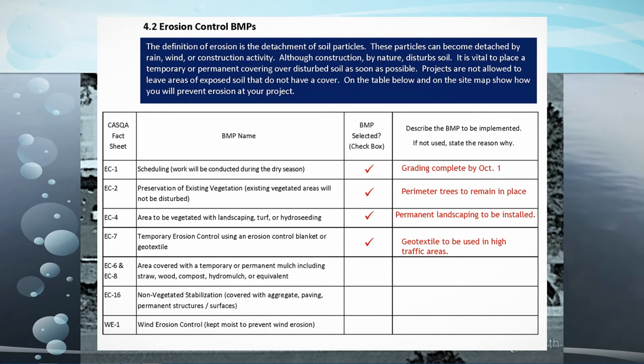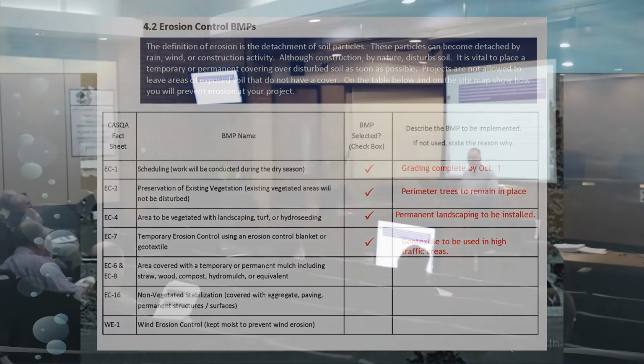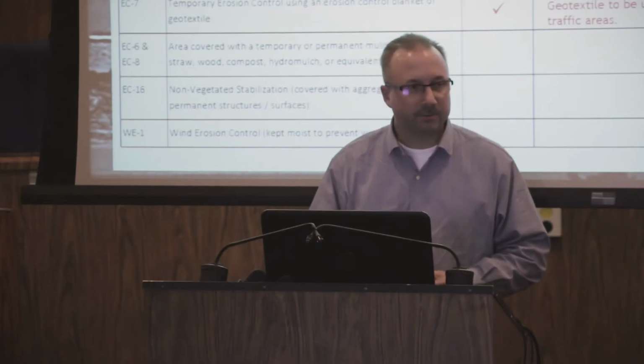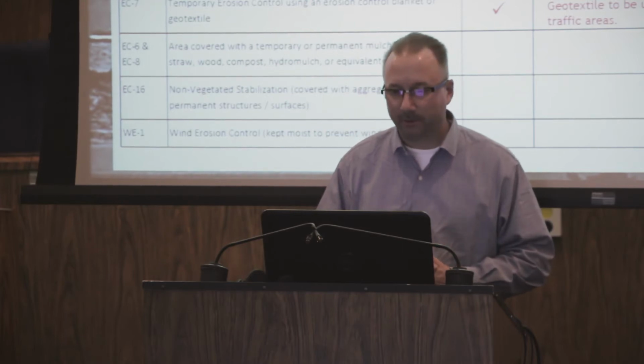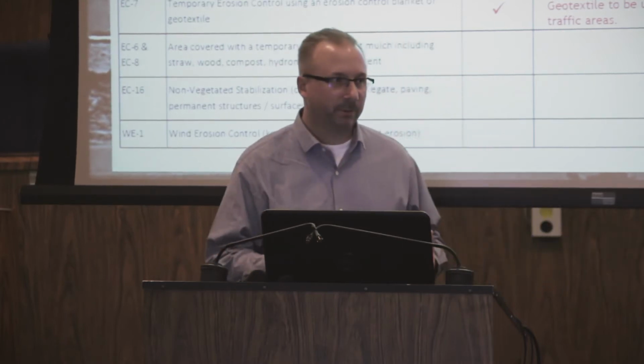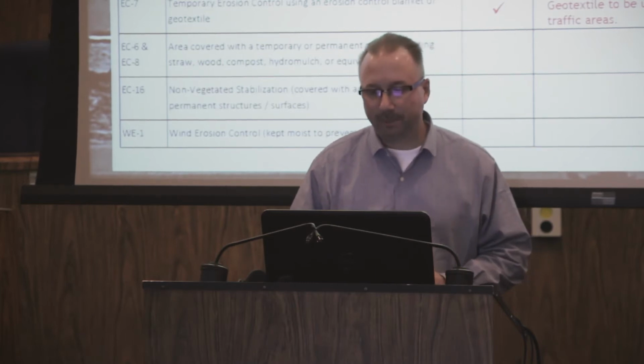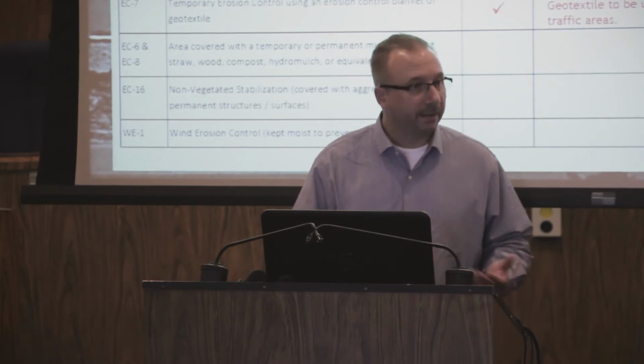Now, I selected yes because we've seen for home building, many times home builders, and even some of the larger home builders, like to lay down a geotextile right alongside the front of the home, and sometimes along the high foot traffic areas, and use that for some stabilization of dirt areas, and it provides a little cleaner work environment. We elected to do that in this case.